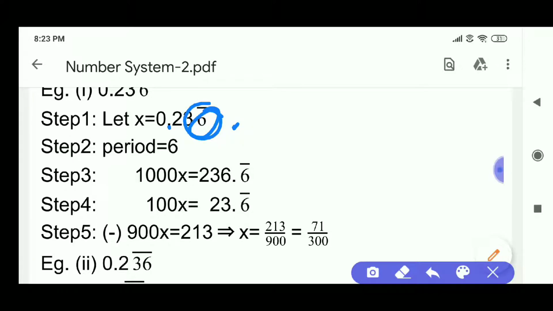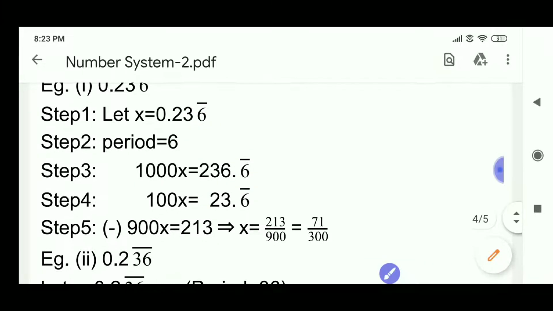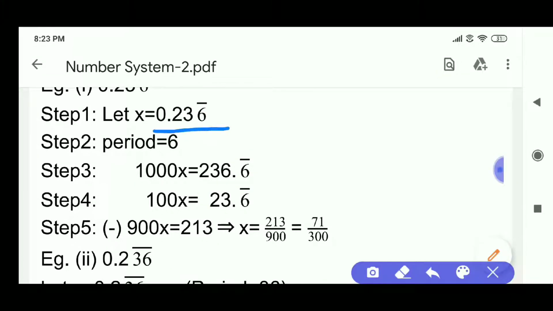The period should be on the left side of the decimal point. So the decimal point travels 3 digits. That means multiply with 1000. 1000x becomes 236.6 bar because 6 repeats continuously.